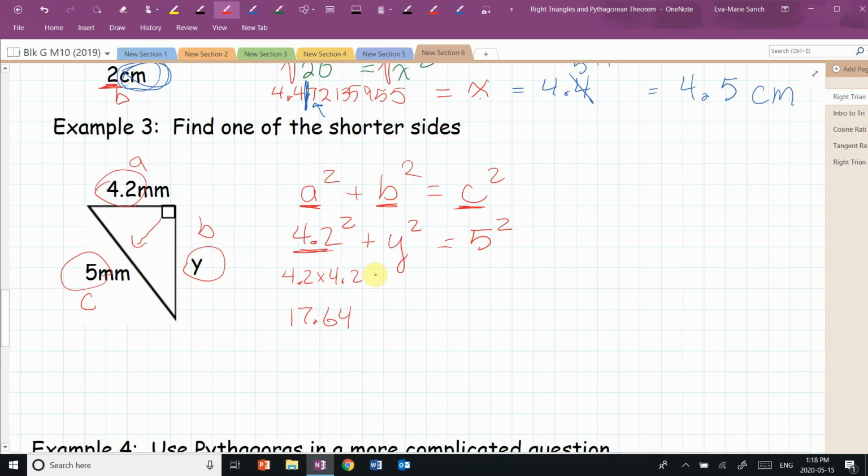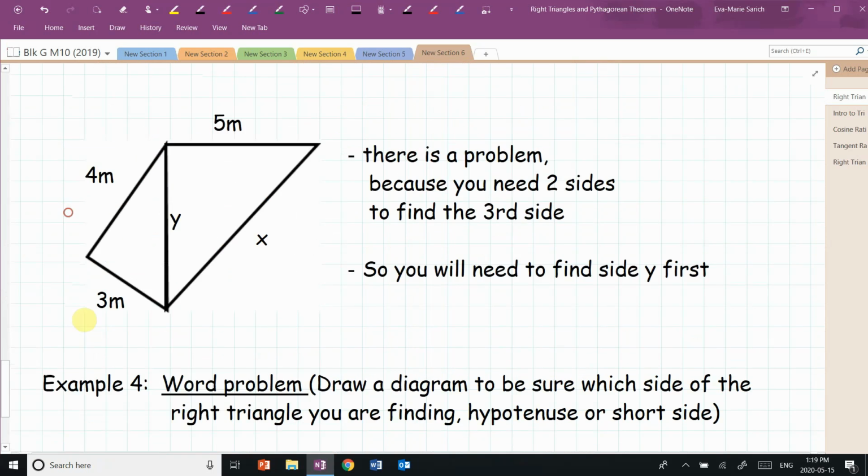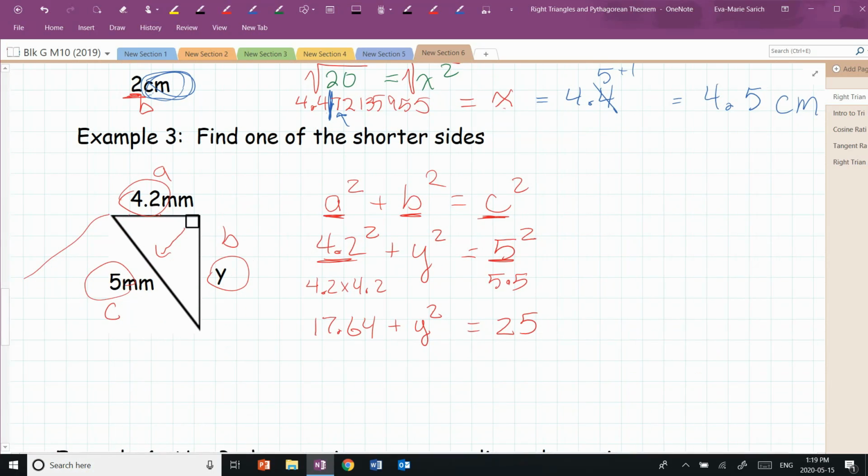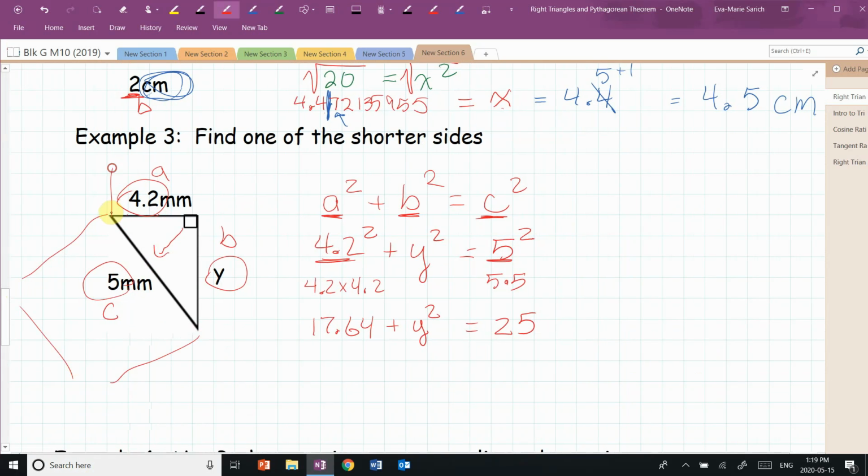Y squared, you can't do anything with that, so that still stays y squared. 5 squared means 5 times 5, which is going to equal 25. Okay? Now, what we've been given is the longer side squared and a shorter side squared.